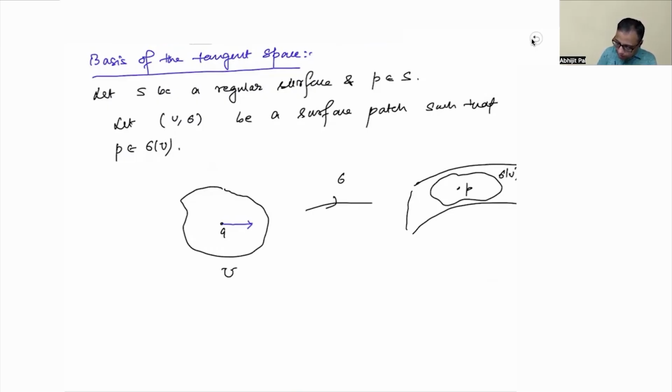So let us take this orthonormal basis. Let us take E1 to be (1, 0) and E2 to be (0, 1). Sometimes this E1 will also be denoted as del del U, and this will be denoted as del del V. So this is just notation.